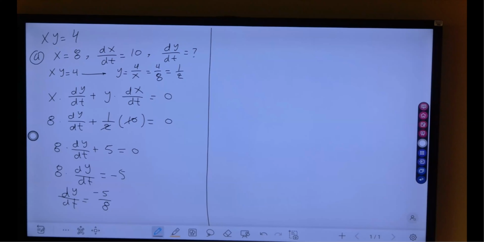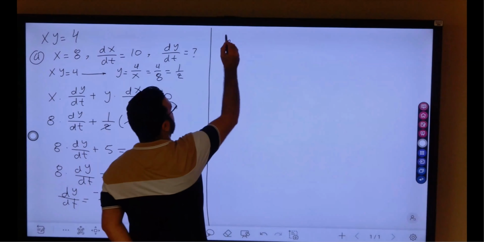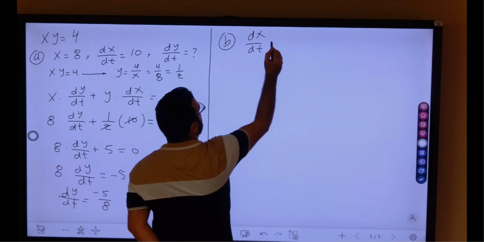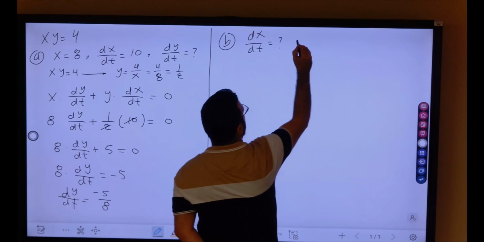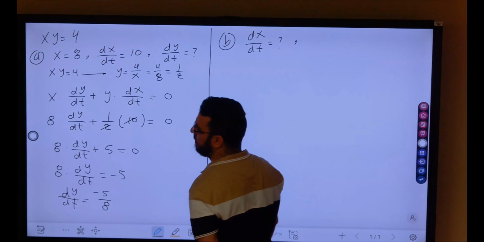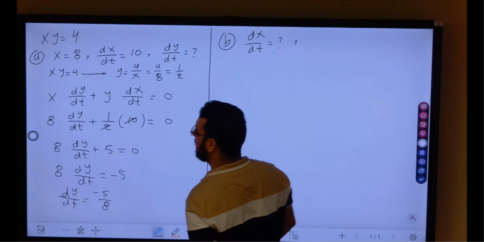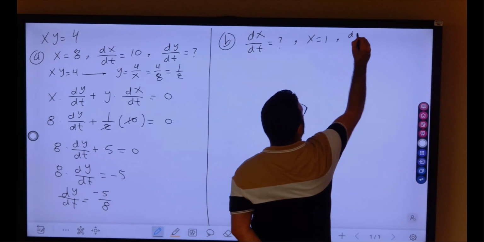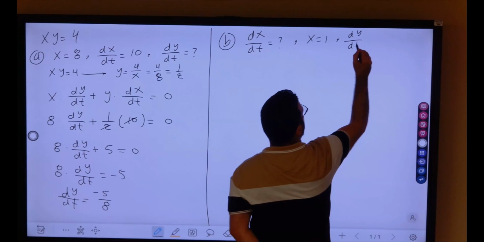What about the next one? They ask you to do the opposite thing. For B, we need to find dx over dt. What do we have? x equals 1 and dy over dt equals -7.